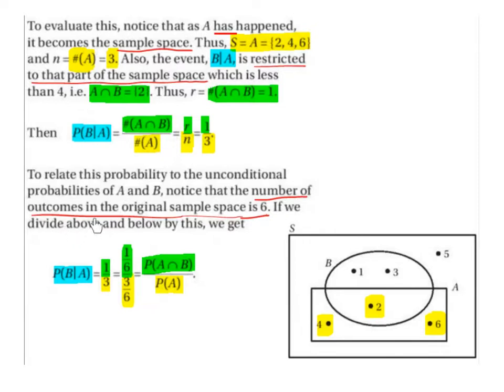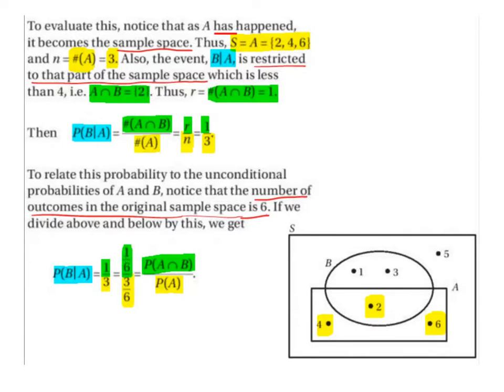If we divide above and below by this, we get the probability of B given A, which we know is 1 over 3. Got that from up here. We're going to divide the 1 by 6 and divide the 3 by 6.